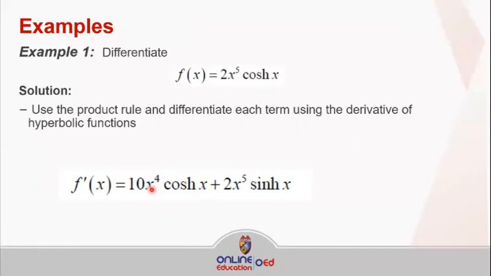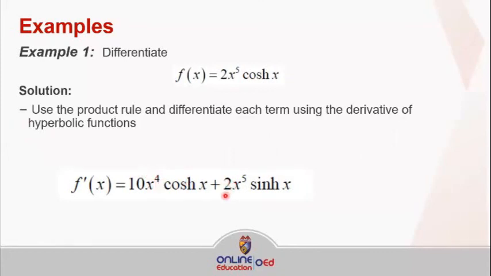So paano nangyari yun? We have yung constant value as 2, tapos multiplied din sa n natin, which is yung 5, kaya tayo nagkaroon ng 10. And for the exponent, we have yung n minus 1 natin, which is 5 minus 1, kaya tayo nagkaroon ng x raised to 4.